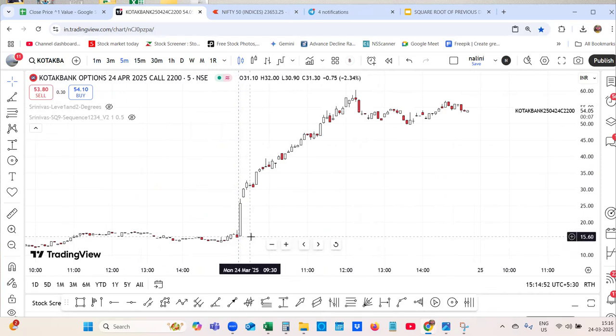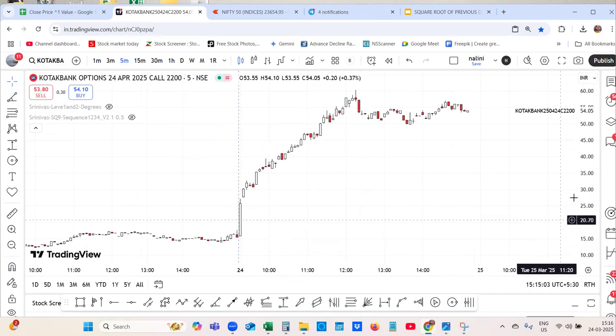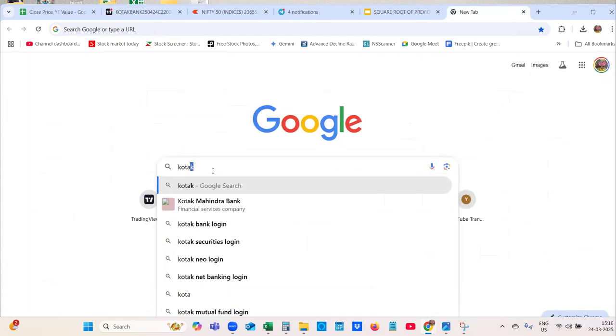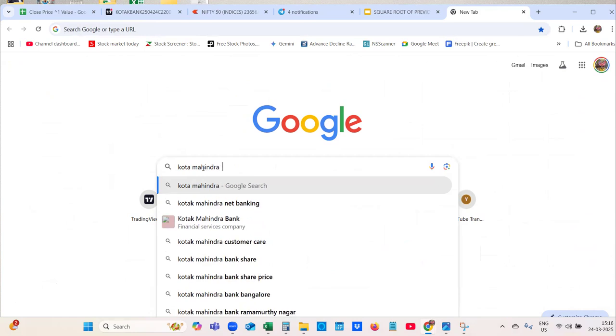See, it has started from 15 rupees. It has rallied up to 58 rupees. I think it is 400 or 500 per lot. Kotak Mahindra lot size.